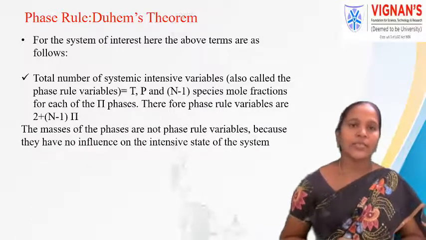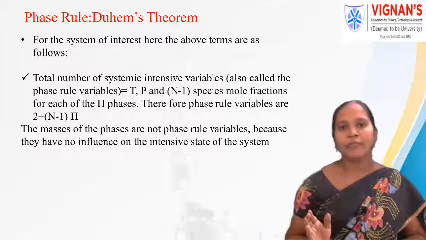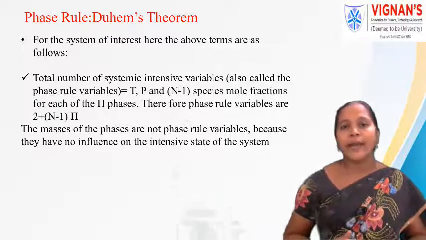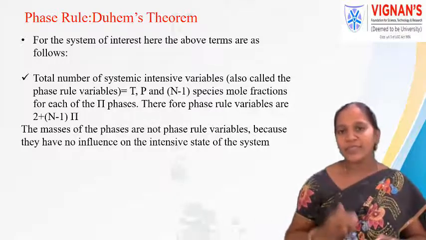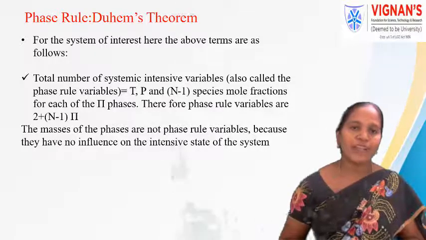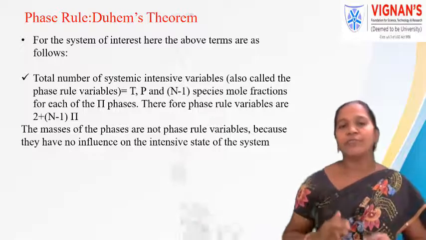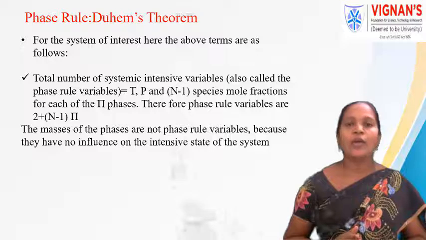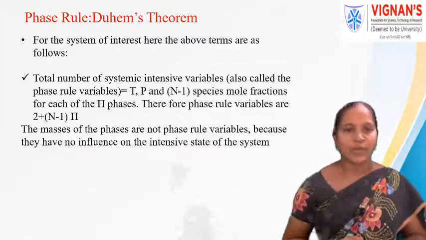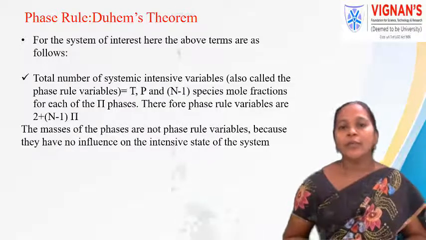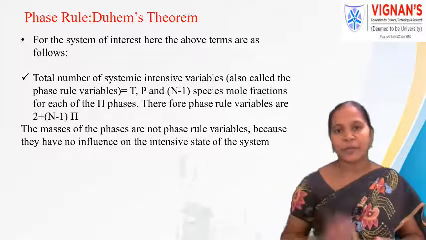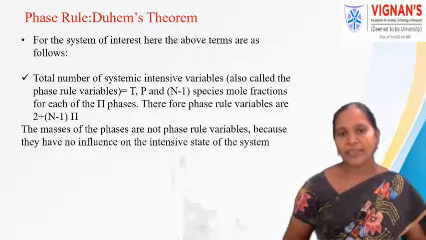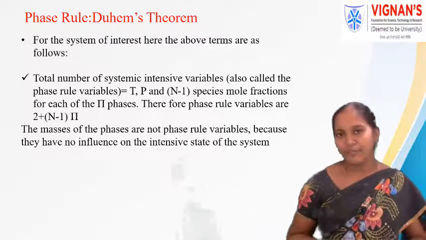The first one is the total number of phase rule intensive variables: T, P and N minus 1 species mole fractions for each of the pi phases. Therefore, phase rule variables are 2 plus (N minus 1) times pi. Here 2 is the temperature and pressure, and N minus 1 is the mole fractions for pi number of phases.